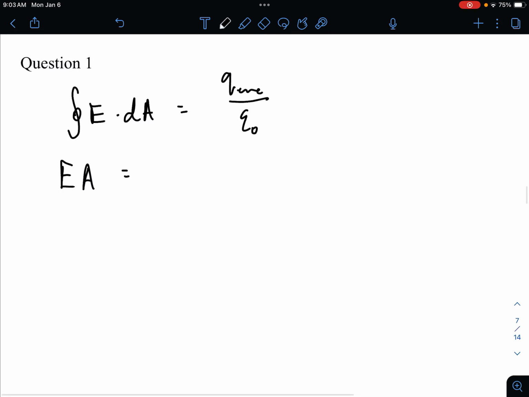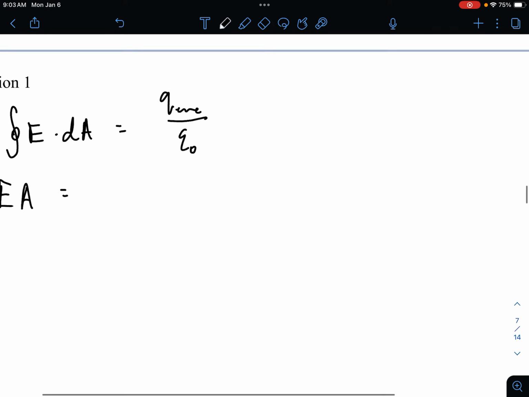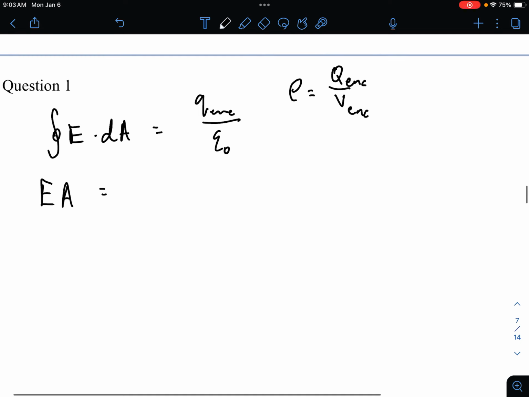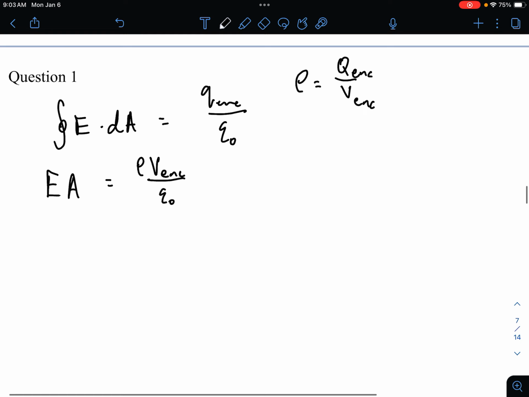For the Q enclosed, we know that rho equals the total charge over the total volume. Because it's uniform, rho is still the charge enclosed over the volume enclosed. So it's going to equal rho times volume enclosed over epsilon naught.